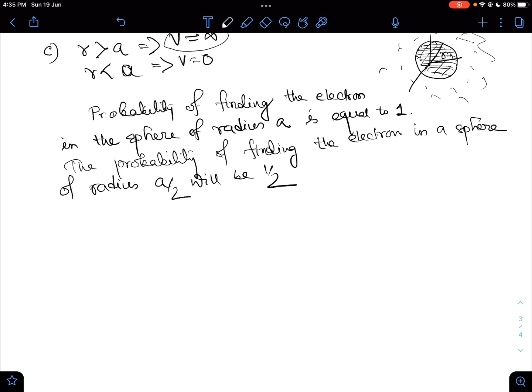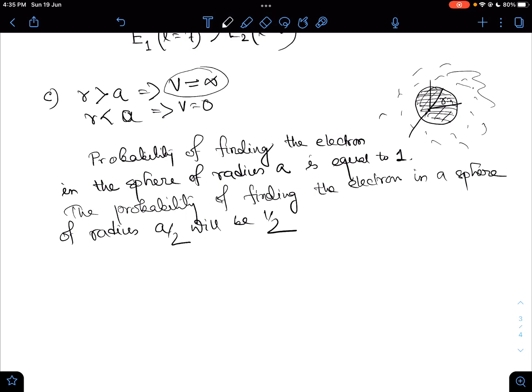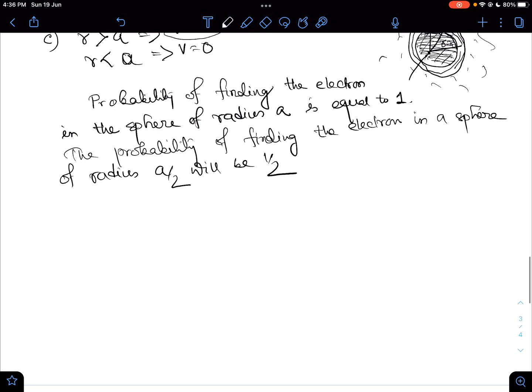Now we know that since the electron has total probability 1 of being found in this region, if we have a spherical shell here from r equal to a to r equal to 3a by 2, in this region we don't have any probability of finding the electron, so it will obviously be 0.